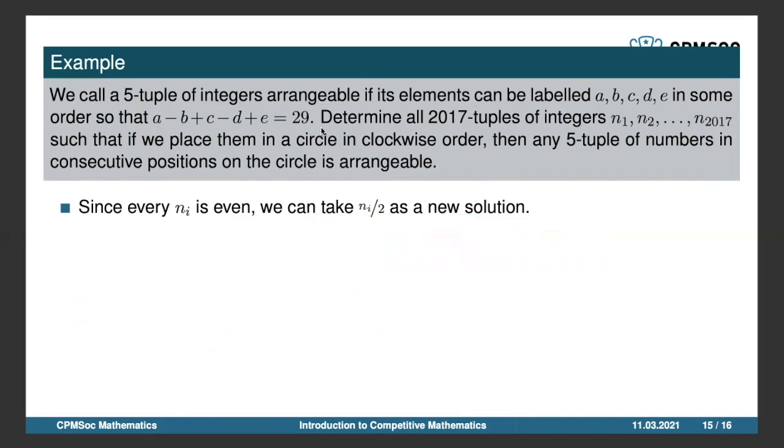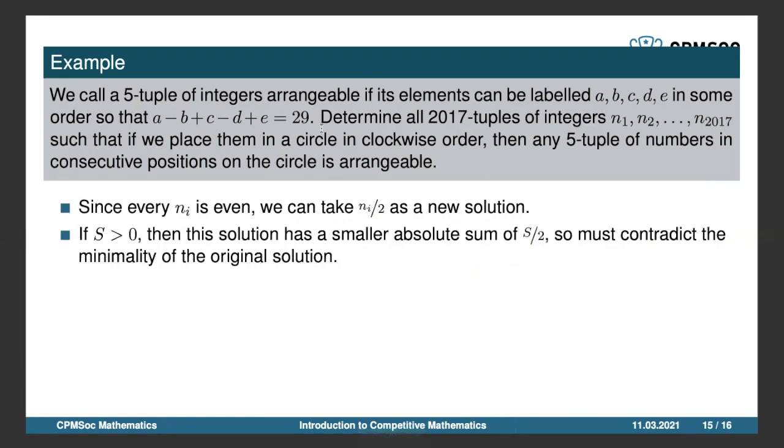Okay, yeah, I can go next slide. Okay, so this is where our proof by contradiction comes in. Remember that S was what we defined as the minimum possible sum of absolute values for any solution.